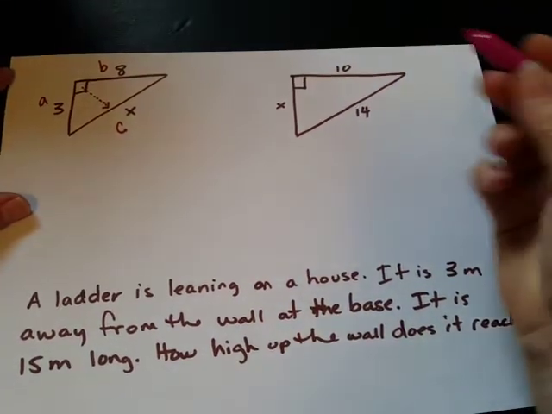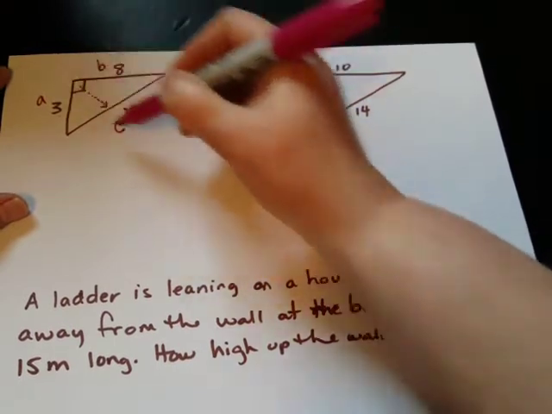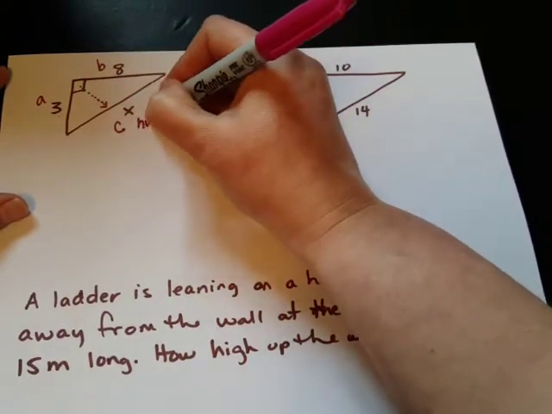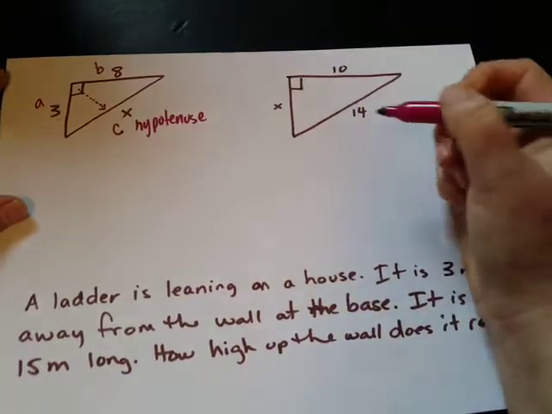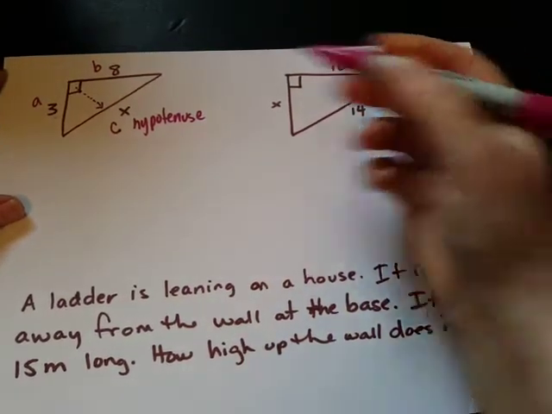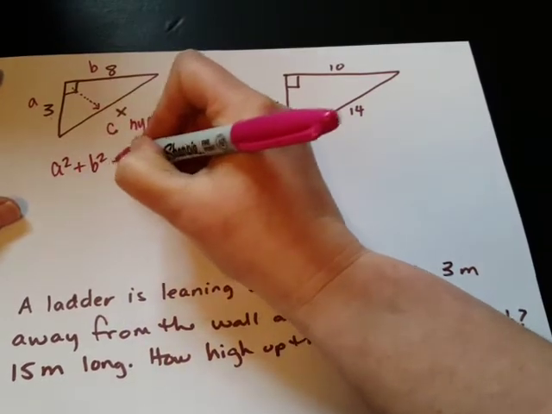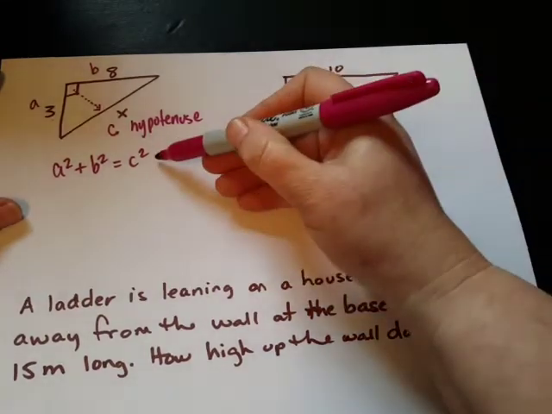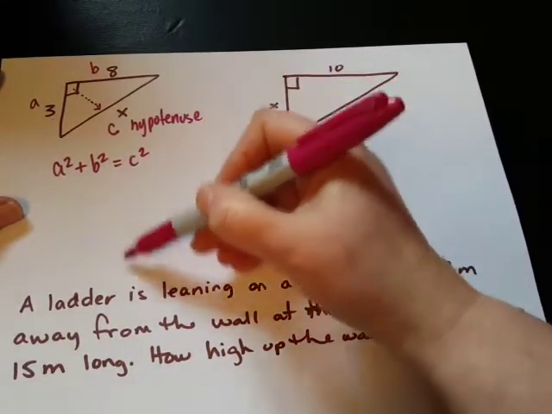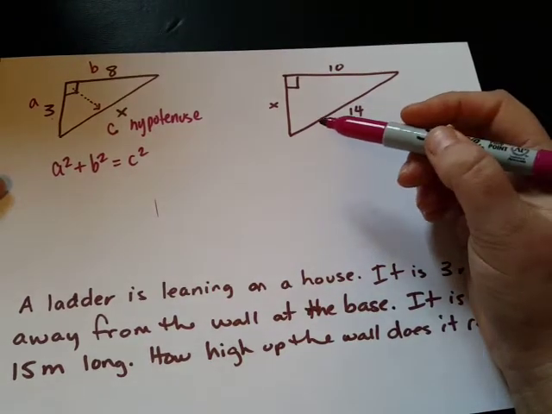We can call them A and B, and it's okay if that's a B and that's an A. But the really important one is that the long side, the one that's across from the 90, is labeled C, because our formula is going to be A squared plus B squared equals C squared. So that never changes. The hypotenuse is always by itself on one side.